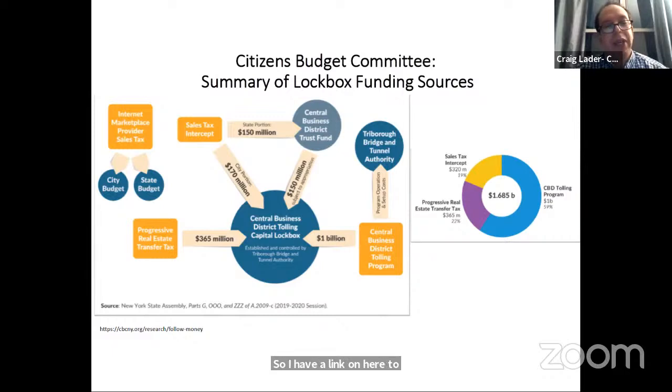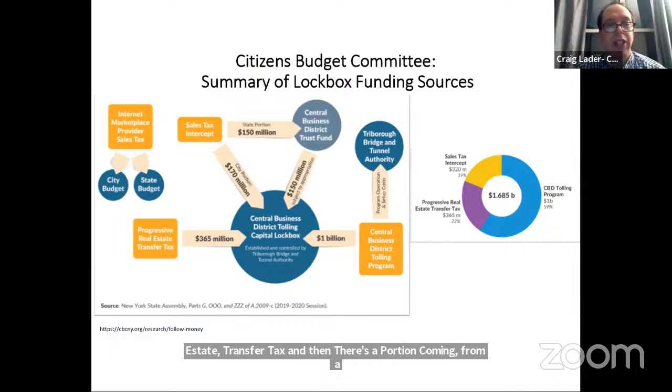This is basically a graphic depicting the different sources of funding that are going into the central business district tolling capital lockbox. There is obviously the $1 billion per year from the Central Business District Tolling Program, i.e. congestion pricing. There's also a portion coming from the progressive real estate transfer tax, and a portion coming from a sales tax intercept as well.